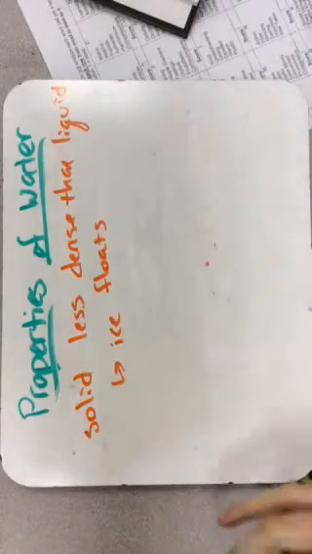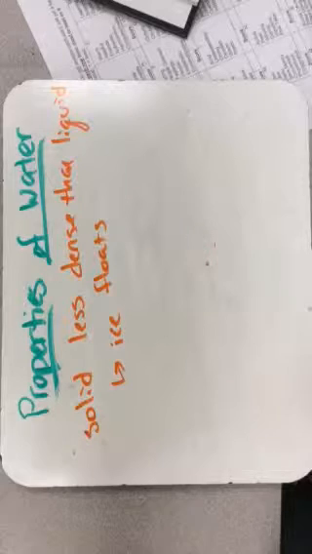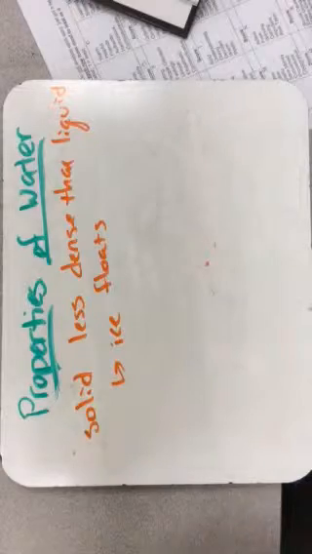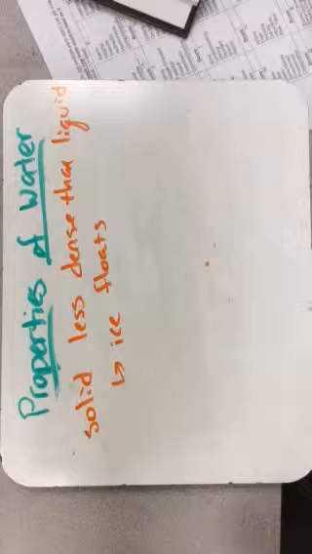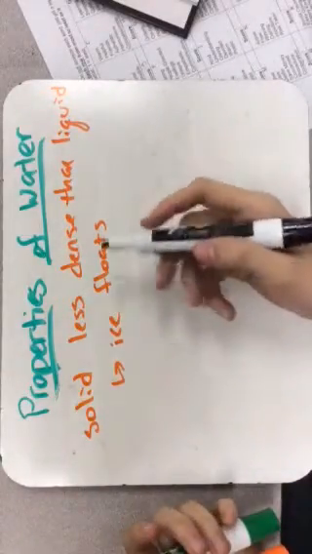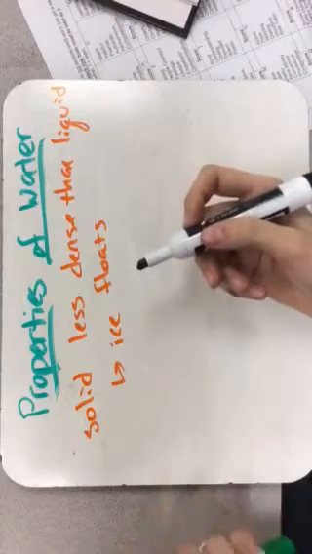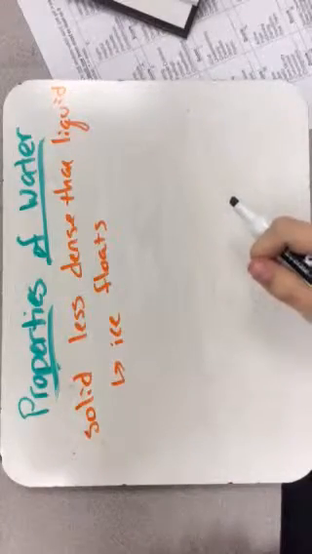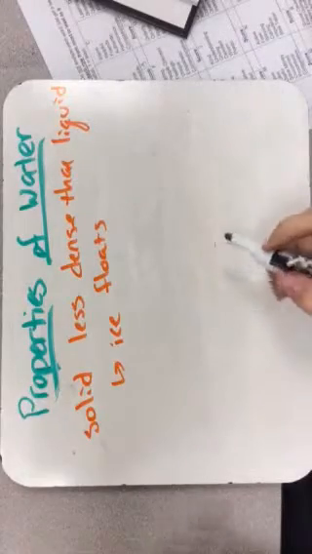And for biology, this is particularly important because when you consider lakes and ponds where you have living things, they'll freeze over in the winter time, but all those organisms can still survive because underneath the layer of frozen water you have still liquid water where they are still able to swim around. Okay, so ice floats, the solid is less dense than the liquid, and that really just has to do with how the water molecules connect with one another, but you don't need to know that much detail at this point.